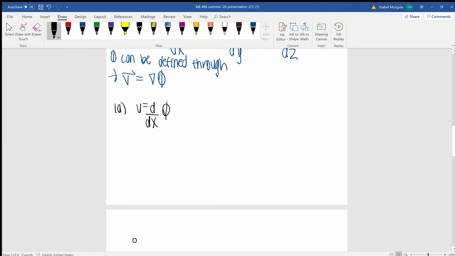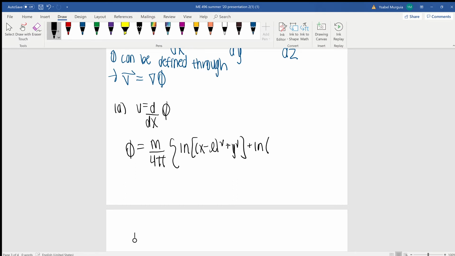Okay, so they did give us that whole equation of phi equals m over 4 pi, this long thing, ln, feel free to fast forward through this, of x minus l squared plus y squared plus ln of x plus l squared plus y squared.